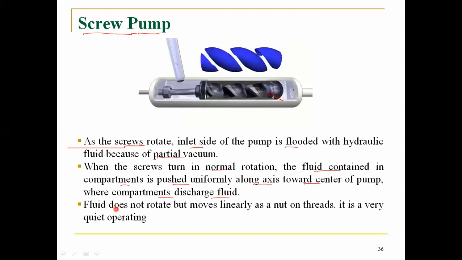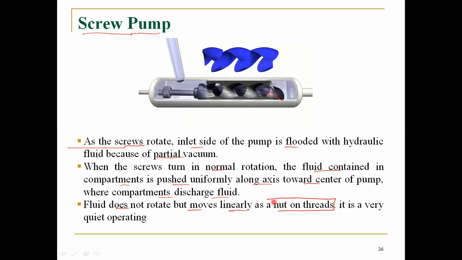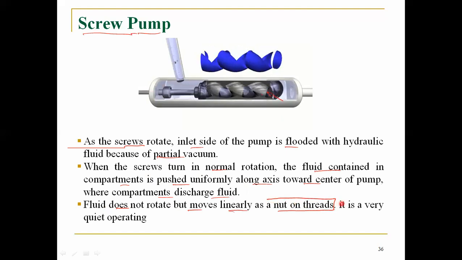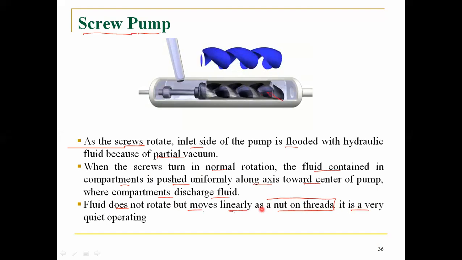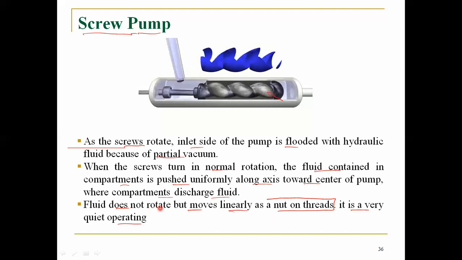The fluid does not rotate but moves linearly like a nut on a thread, moving with the screw threads, and it is very quiet while operating. The noise of the screw pump is very low.